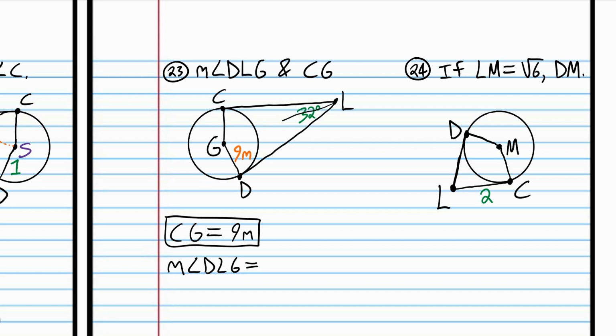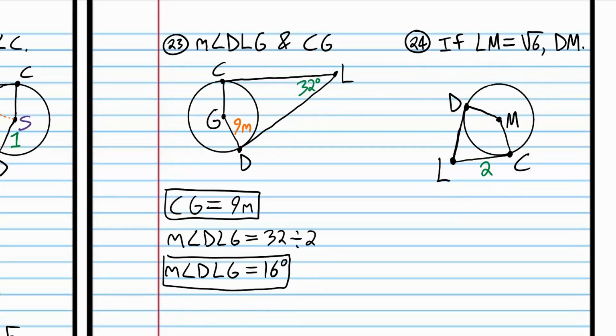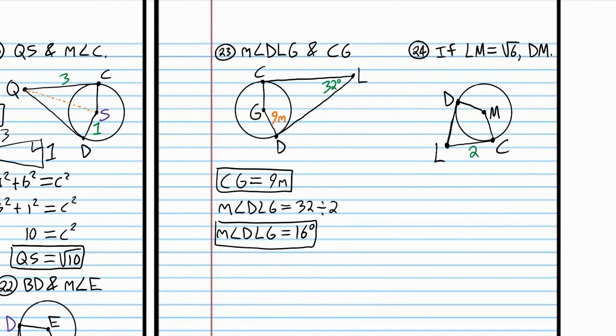So if you draw this diagonal, it just cuts the angles in half. So that would just be 32 divided by 2. And so the measure of angle DLG is equal to 16, and it should be 16 degrees. So if you got those answers, good job. Be sure to write meters, 9 meters. You need your units there.